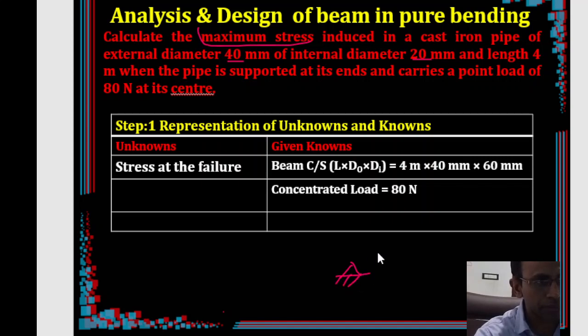There is a cast iron pipe. This is the cast iron pipe that you are having.